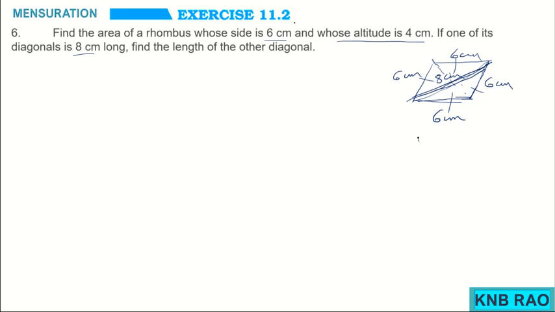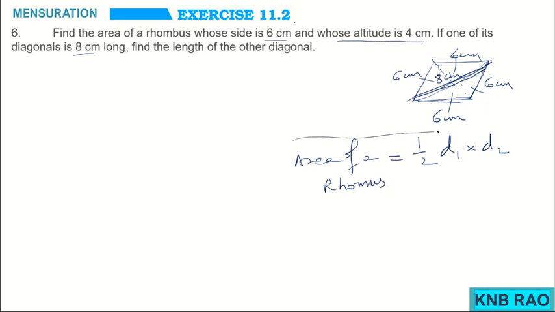To find the other diagonal with the help of d1 into d2, I should know the area of it, correct? So we need to find the area of the rhombus. How to find the area of a rhombus? Every rhombus is a trapezium.